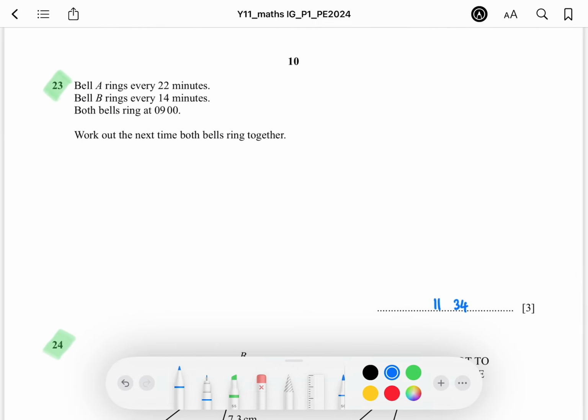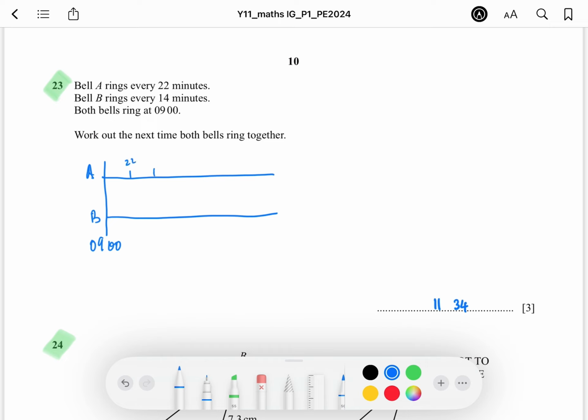Next question, question 23. So this one is a time question. So we do a timeline. 2 bells. So the question wants what time it rings together. So A and B. A rings every 22 minutes.